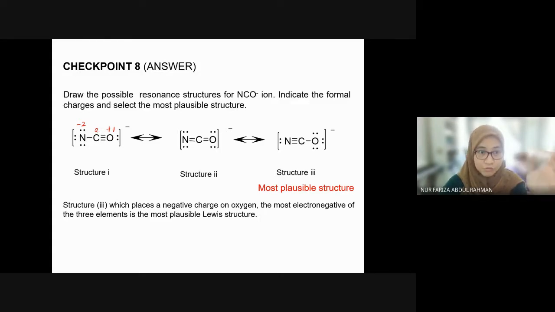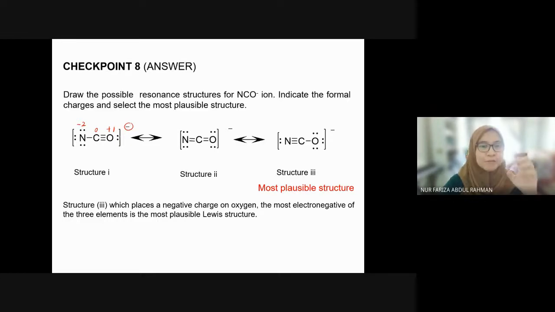Just to check, I think everyone knows this, I've mentioned it. You can check whether your calculated formal charges are correct or wrong. When you total your formal charges, it should be the same as the overall charge. So -2 plus 1 will be -1, so it is the same.